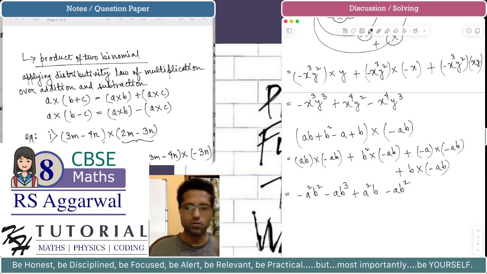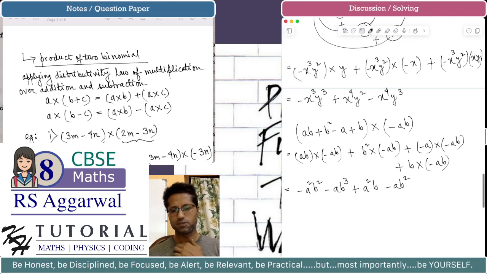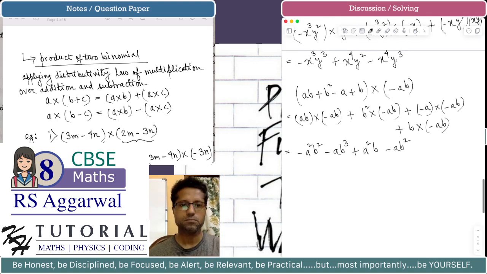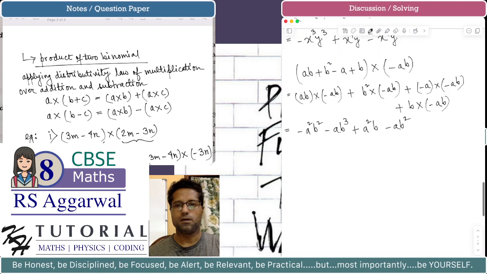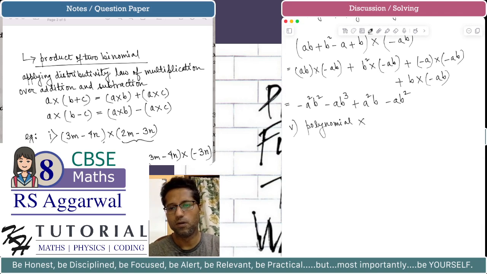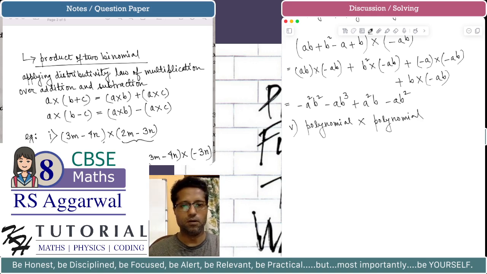Now we are good to discuss how we find the product of two algebraic expressions, where algebraic expressions you can consider as polynomials. So finally, we have the product of two polynomials.